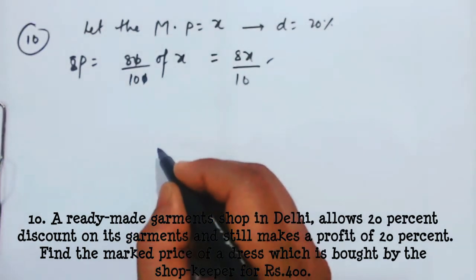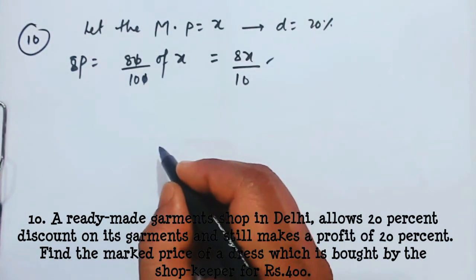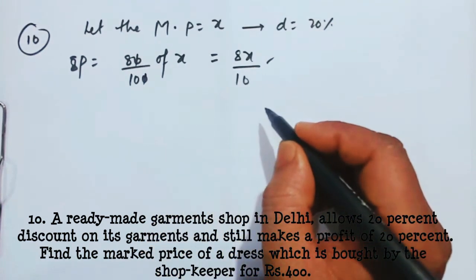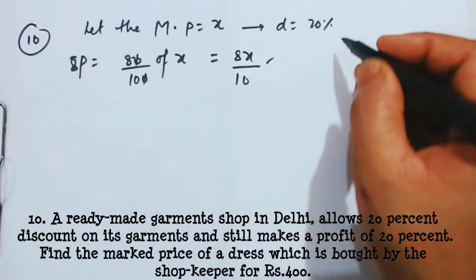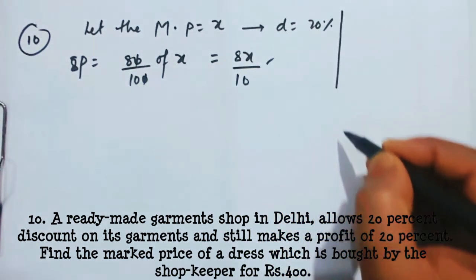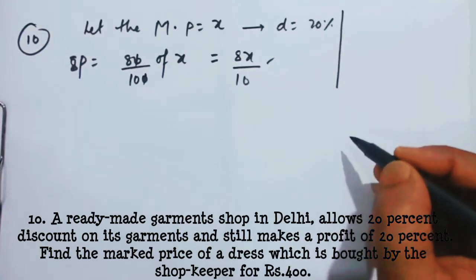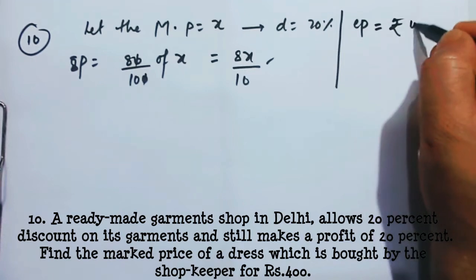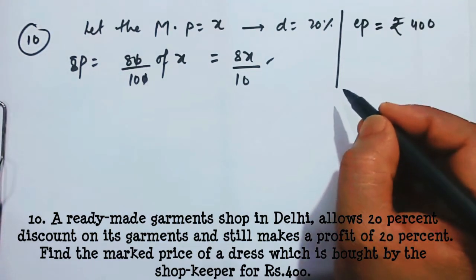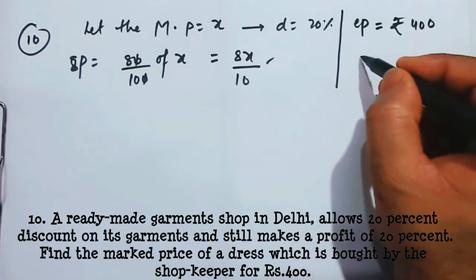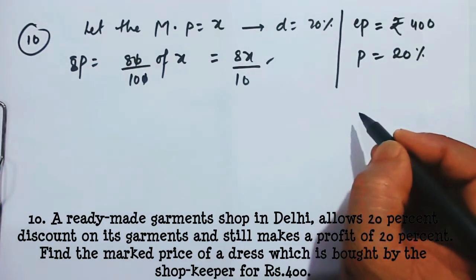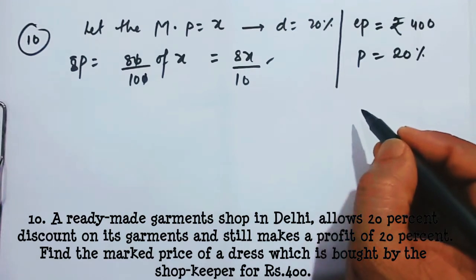Now what are they saying? They still make a profit of 20%. Find the mark price if the dress is bought for rupees 400. At the end they have given you this, so that the child will get confused. So the cost price of the goods is rupees 400, and they want to make a profit of 20%.